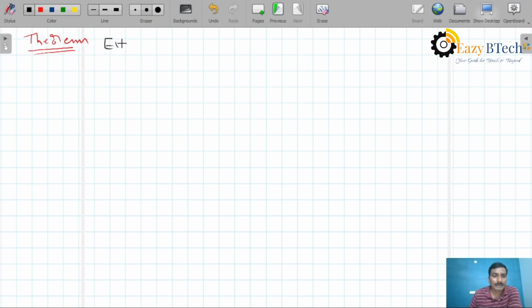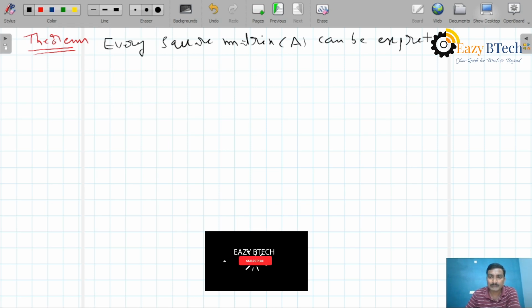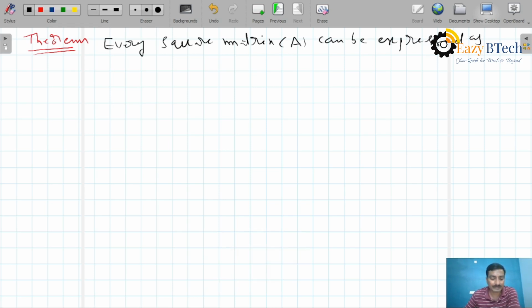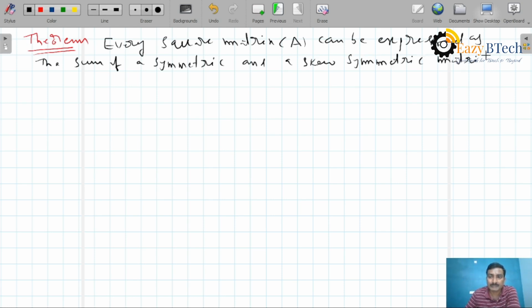Every square matrix can be expressed as the sum of a symmetric and a skew symmetric matrix in one and only way, that means unique.